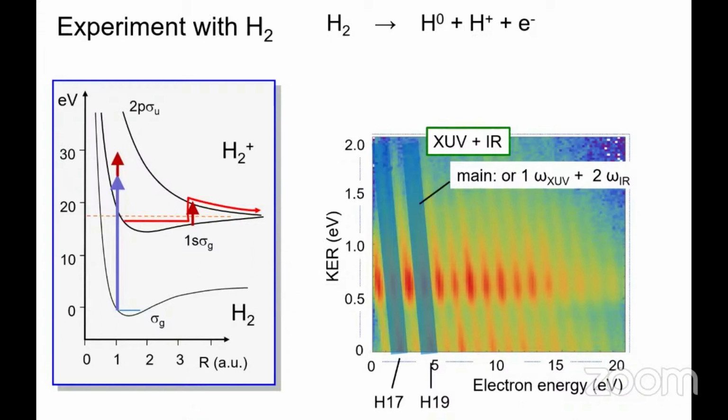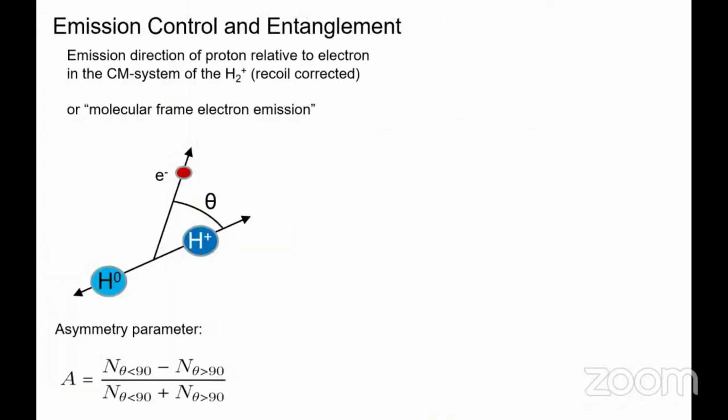Okay, what are the consequences? The consequences are, you see these different pathways in the angular distribution or in the relative angular distribution between the particles. So what I'm going to discuss now is the electron emission in the molecular frame. So we are sitting on the H2 plus, so to say, and in the H2 plus, the proton is going that way, the neutral is going this way, and the question is, in which direction is the electron going?